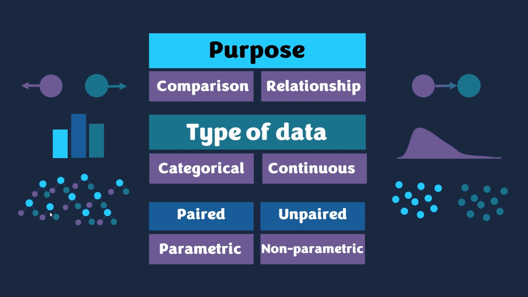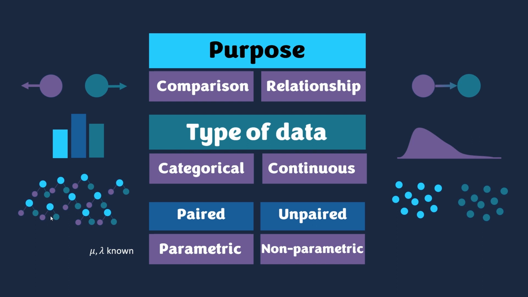Finally, whether or not your data follows a known distribution dictates whether you can use a parametric test or not. Parametric because you know the parameters that define your population. That's often because some previous bit of research has been completed on the topic, or it's some known feature about the population.